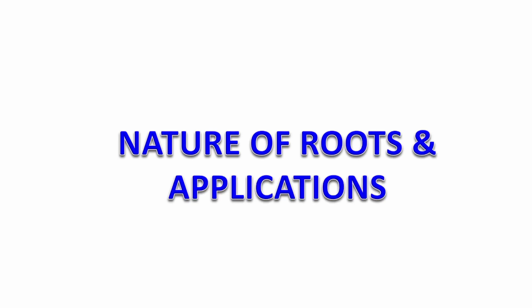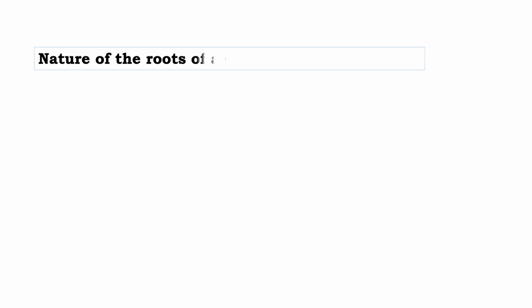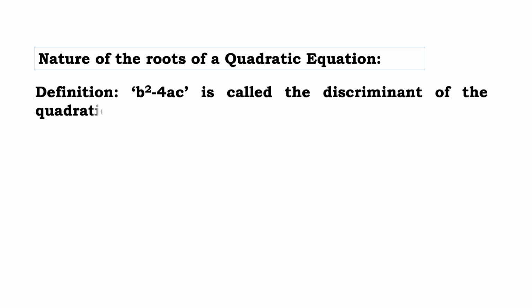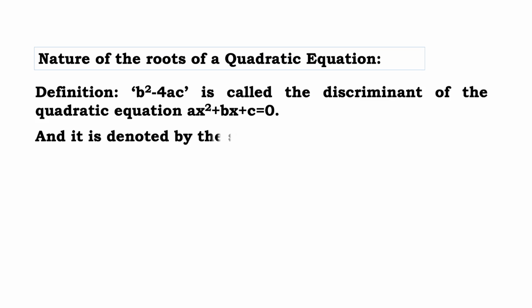Now we are going for nature of roots and its application, right? How to use this nature of roots and how to go for the application part of this, right? What is the meaning of nature of roots? See, nature of roots means we have already seen that b square minus 4ac is known as the discriminant of the quadratic equation, usually denoted by the symbol del or capital D, right?